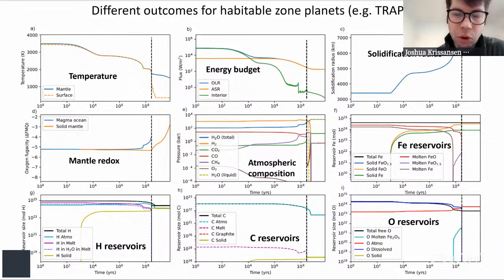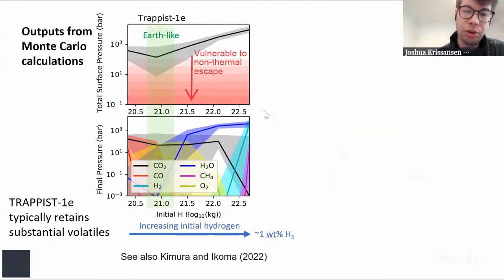What is hopefully more convincing is to repeat this calculation with a Monte Carlo framework, redoing the calculation integrating over all the uncertainties in stellar evolution and atmospheric escape and atmosphere-interior evolution. And this plot is showing you the outcome of that Monte Carlo calculation. This is for TRAPPIST-1e again.